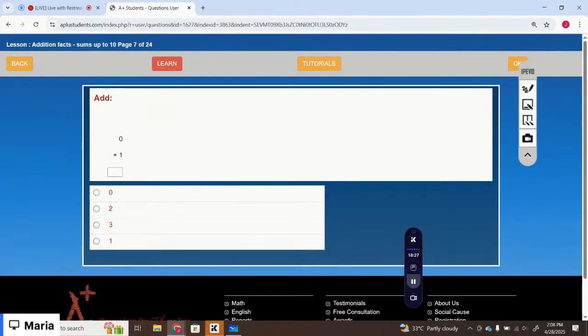Similarly, 1 plus 0 equals 1. The last option is the correct option.